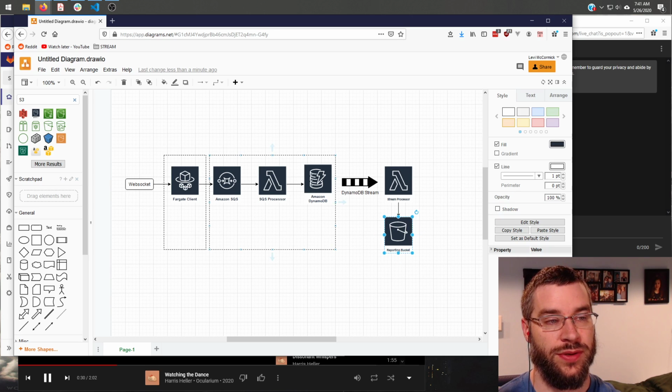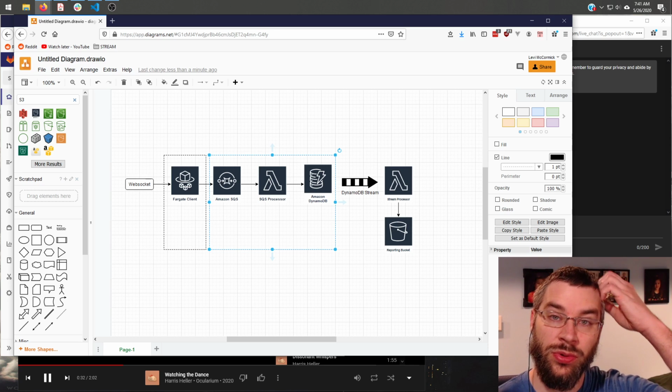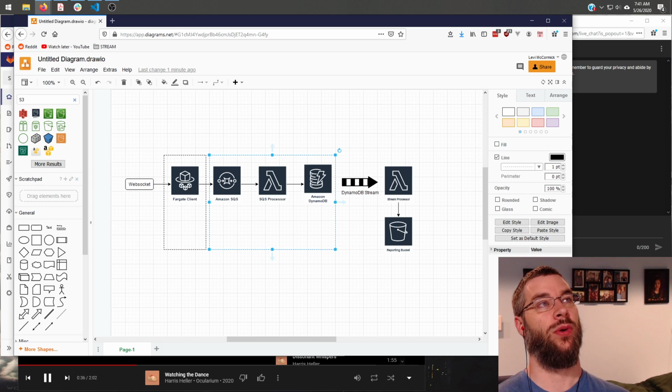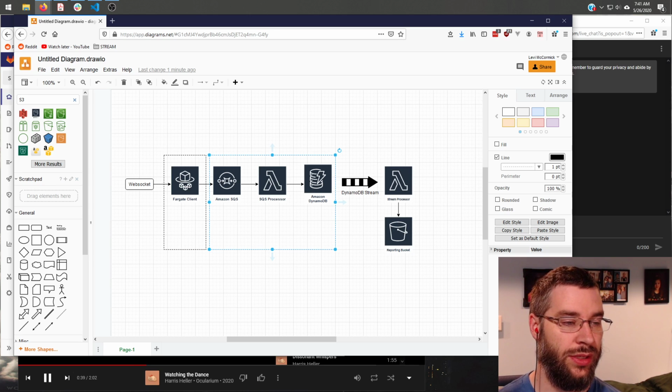So your bucket, your table, and your queue all hold state and they persist data. So deploying those out as a layer of your service is generally a pretty successful pattern too.